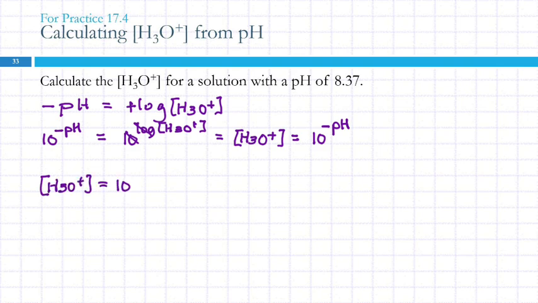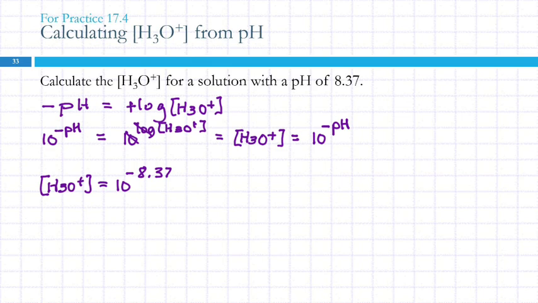So in this example, the hydronium ion concentration is 10 to the minus 8.37. That's not a good answer though, right? Because we could have it in scientific notation, but then the exponents have to be whole numbers. So we have to calculate this.